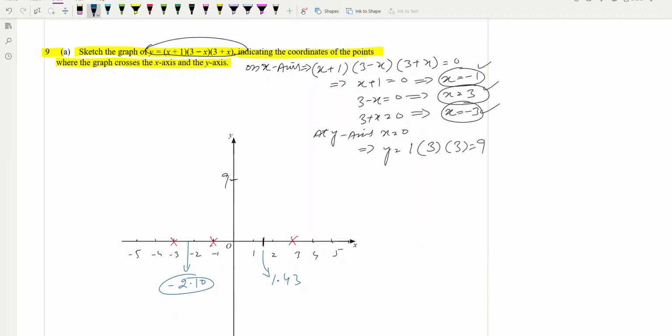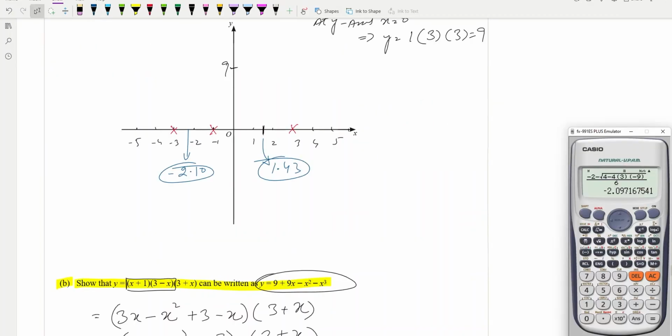So what we will do for these two values, we will be finding the y values, and we will write that equation again, which is alpha x plus 1 in brackets cubed, minus x in brackets cubed, plus x. Now we have written the same equation.